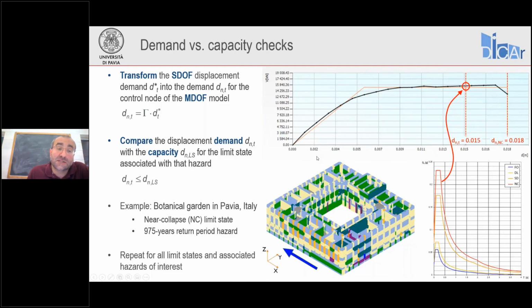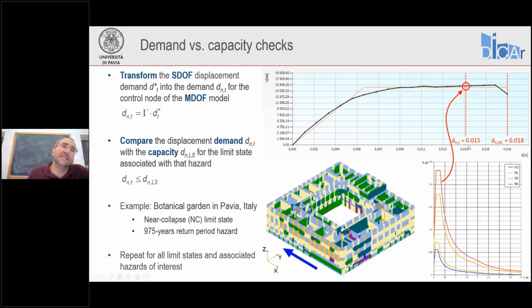This is the analysis of the botanical garden in Pavia. In this case, the limit state to be considered was a near collapse one, associated with a hazard of 975 years of return period. You see the near collapse displacement capacity is here at the 20% drop of the strength, and we have basically 1.8 centimeters or 18 millimeters.